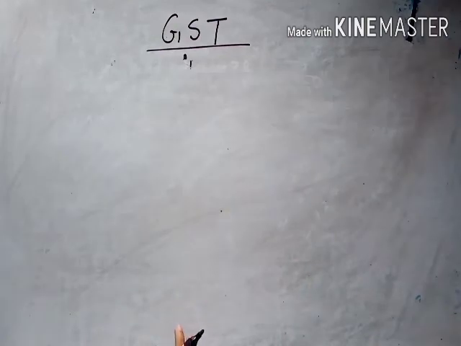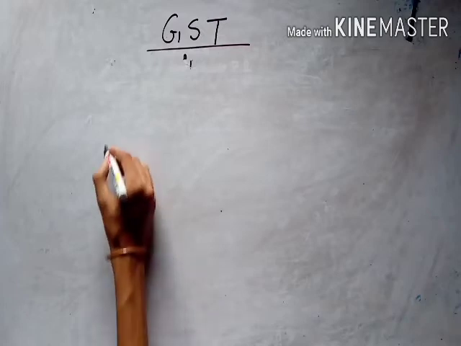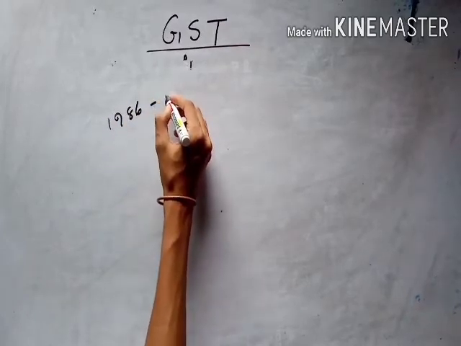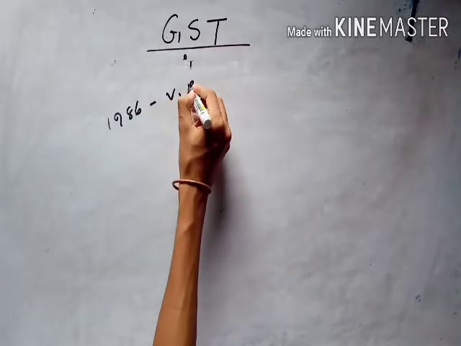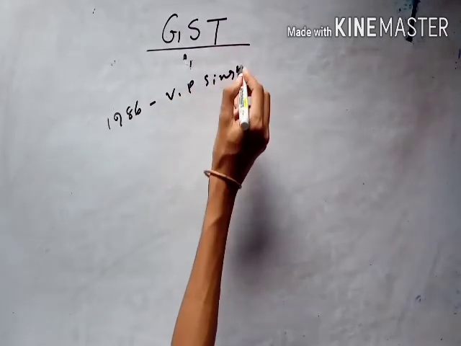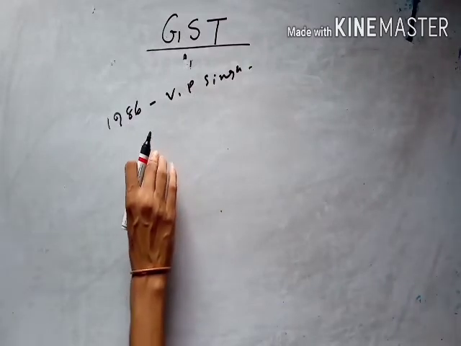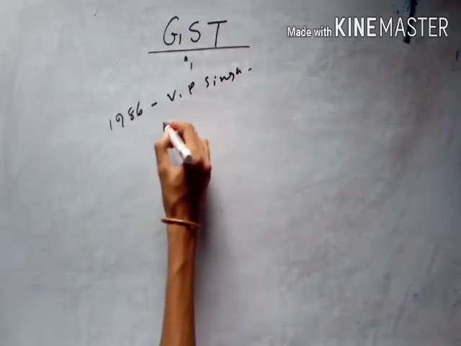Now the reform process of indirect tax was originally started in the year 1986 by VP Singh, who was the finance minister in Rajiv Gandhi's government.